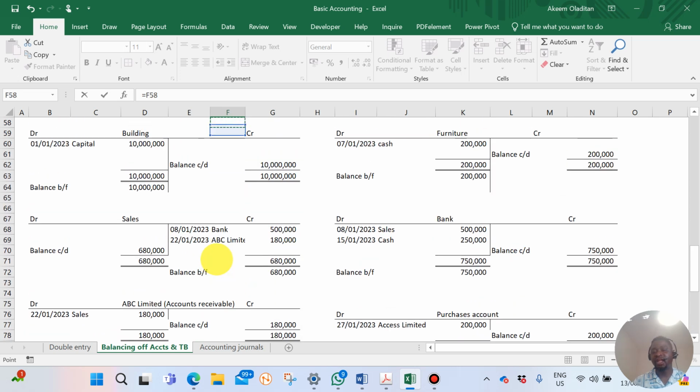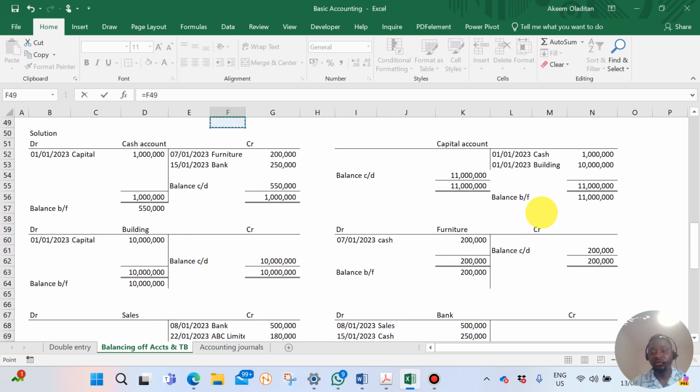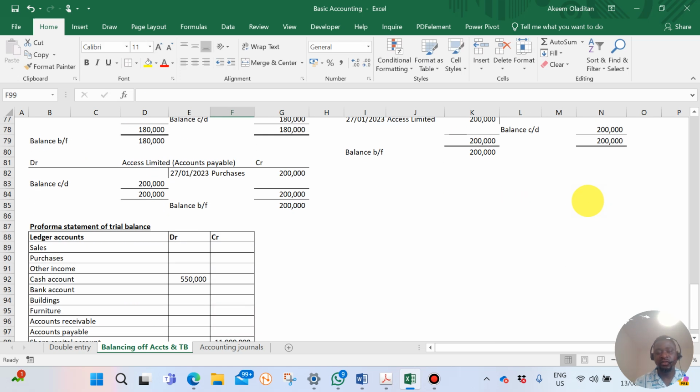The balance brought forward is what you should watch out for. It's on the credit side, so we put it on the credit side.